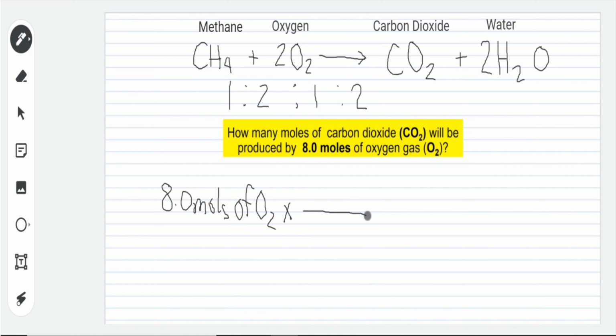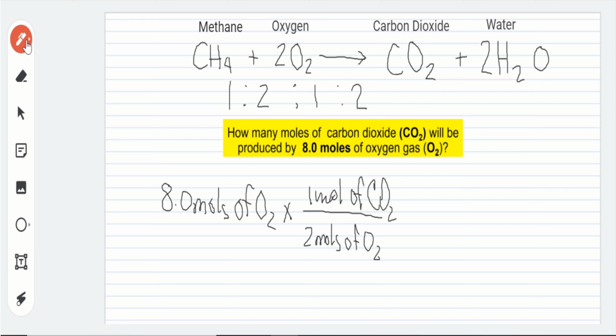So, kung ang hinahanap natin ay yung number of carbon dioxide na mabubuo, if we have 8 moles of oxygen, so definitely ilalagay natin dito sa baba yung proportion na 2 moles of oxygen gas, what we have is 1 mole of carbon dioxide.